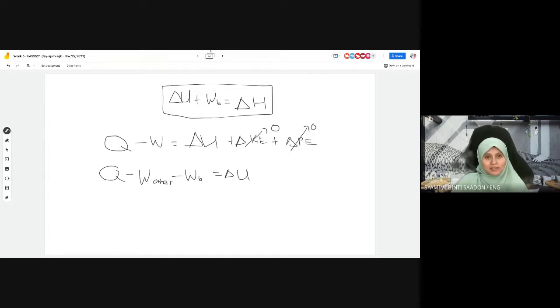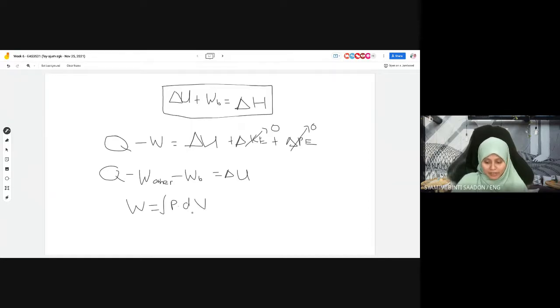This boundary work can be defined. Remember, work is the integral of P dV, right? Last week, work is not like this.